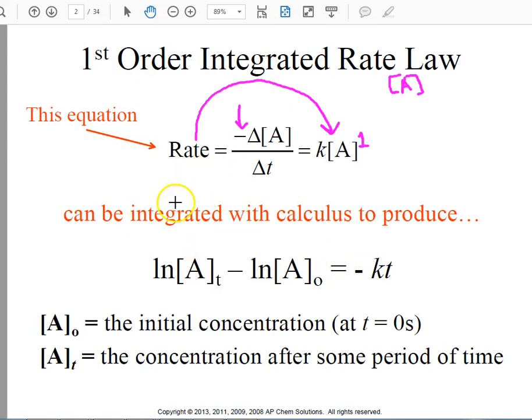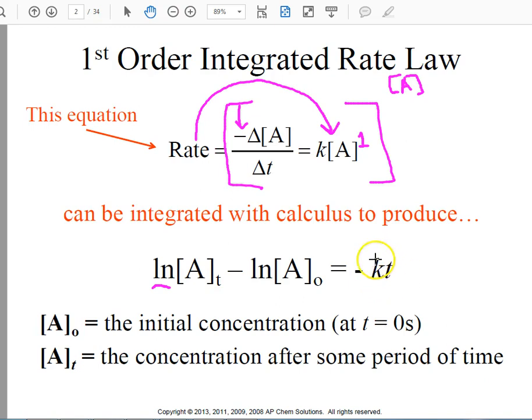So if the calculus fairy comes along and does what is called an integration of what you see up here, if these two things are equal to each other and we integrate them, we will get this equation that you see below. And it says that the natural log of the concentration at some time, and we can choose any time, minus the natural log of the concentration at the beginning is equal to negative rate constant times time.